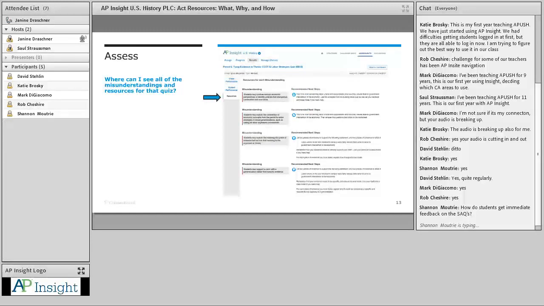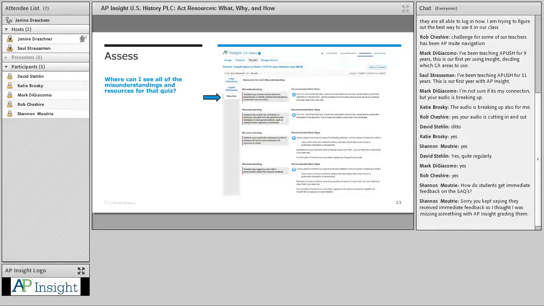Yeah, I think also, if I'm not mistaken, teachers can utilize this option. No, of course, AP Insight, I'm reading what Shannon has written. Of course, AP Insight will give immediate feedback on the multiple choice questions, but not the short answer unless you have the students score their own SAQ themselves.